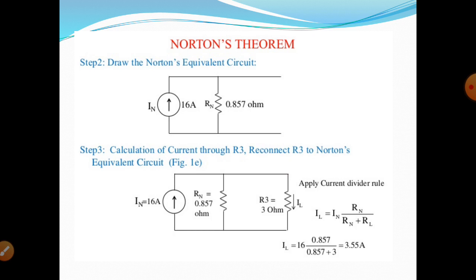In this circuit, RL is equal to 3 ohm. So we find the value of IL. IL means load current. IL is equal to 16 into 0.857 divided by 0.857 plus 3. So we get the value as 3.55 amps. This is the load current of the 3 ohm resistor.